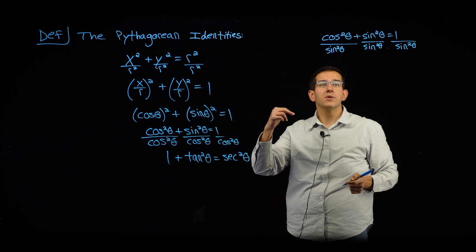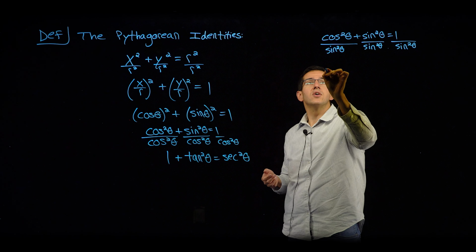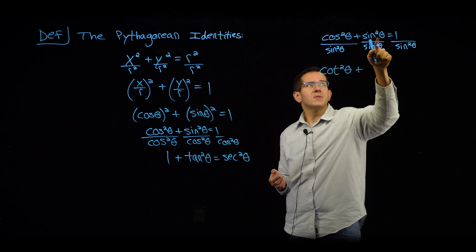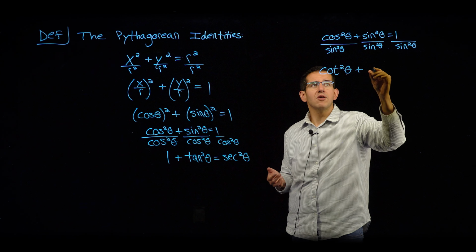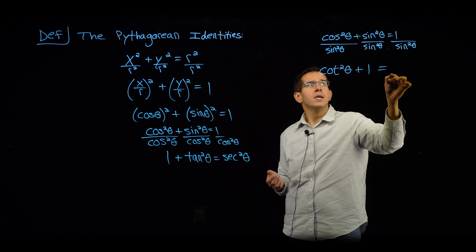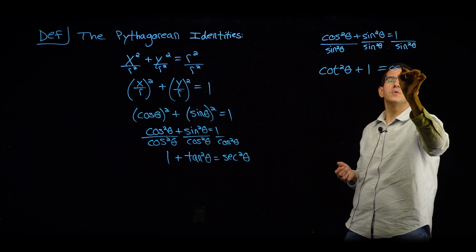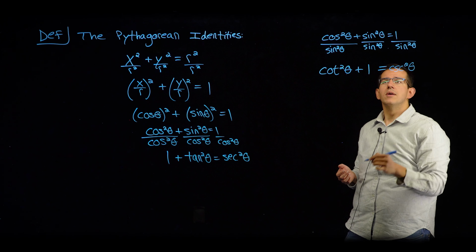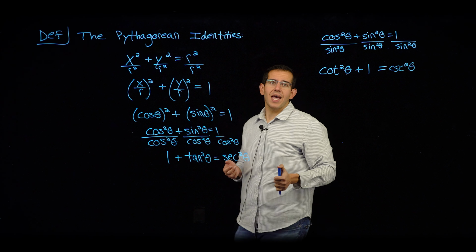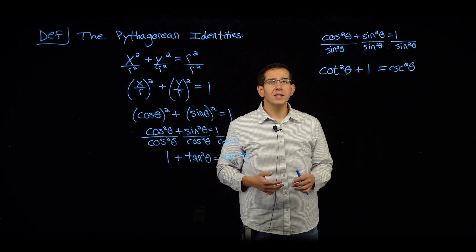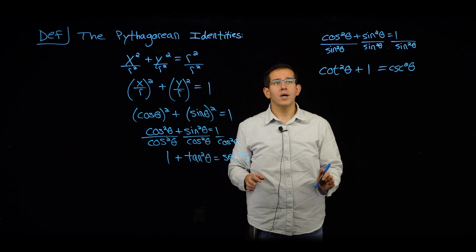So it's the reciprocal of tangent, which is cotangent squared, plus sine squared over sine squared, anything over itself is 1, equals 1 over sine squared, which is cosecant squared. And this is the last Pythagorean identity. Cotangent squared plus 1 will always equal cosecant squared.